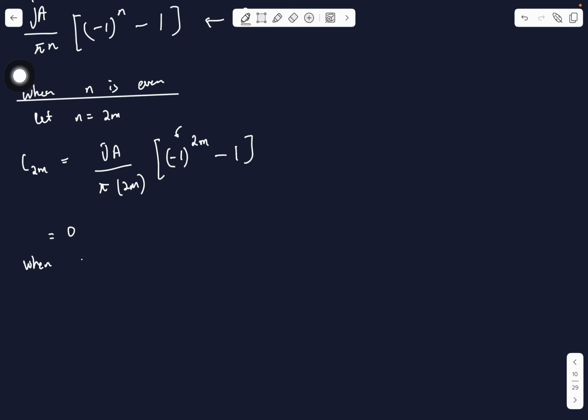Okay, when n is odd, we let n equal to 2m plus 1.